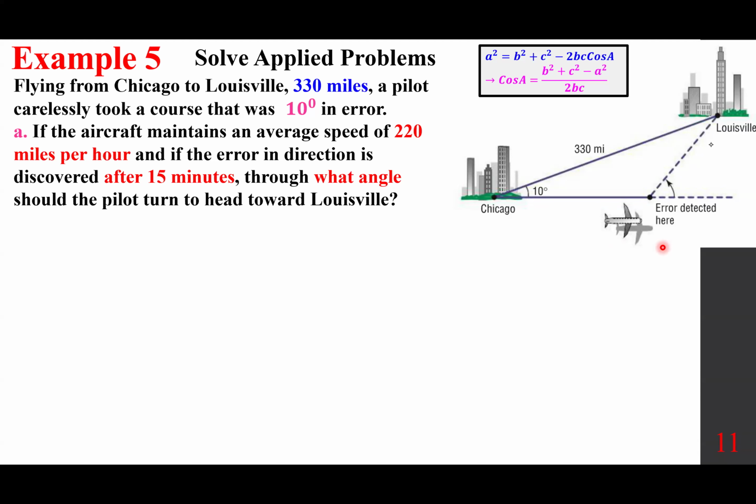Well, first we need to figure this one, and then we want to answer this one. So this is angle B. This is 180 minus B. So we need to find B. Let's find angle B, and then the answer would be 180 minus that.